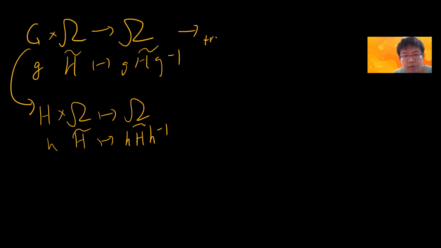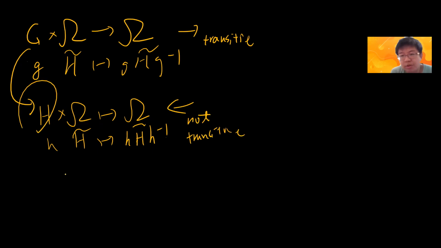But this restricted action is probably not transitive, because I restrict to H, so there's no guarantee that it must be transitive. So the problem is that it's not transitive. By the class equation, we can use the class equation.